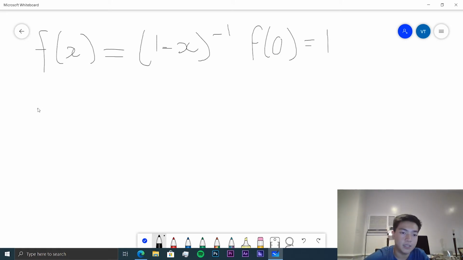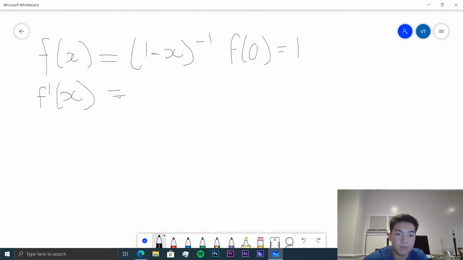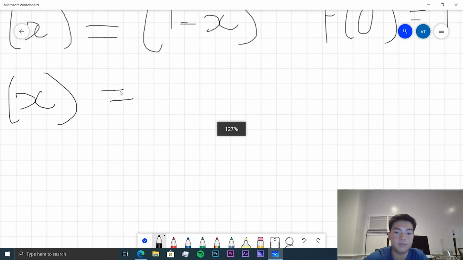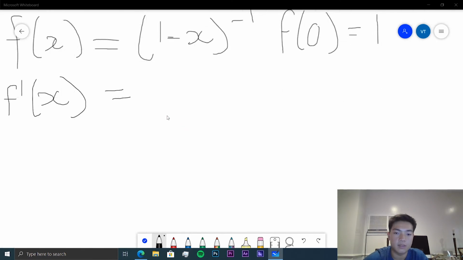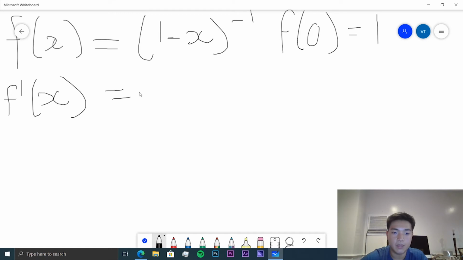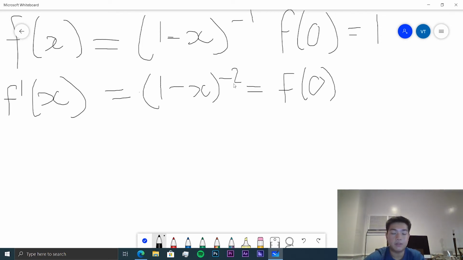And so let's get the 4 derivatives. f prime will be equal to 1 minus x to negative 2, since we multiply by negative 1, and the derivative of this is negative 1, so negative 1 times negative 1 is just 1. So f prime of 0 is equal to 1 to the negative 2, which is 1.